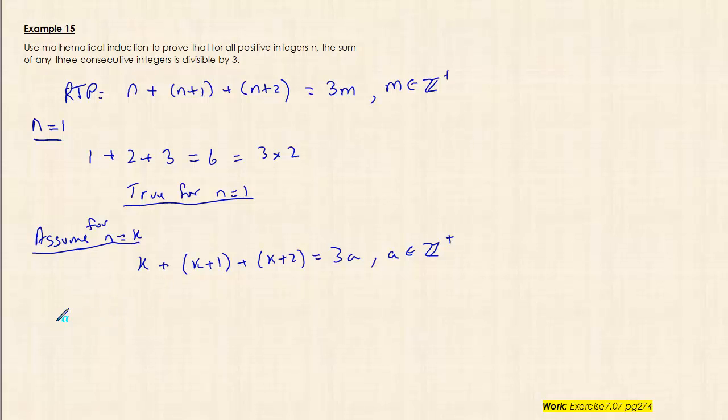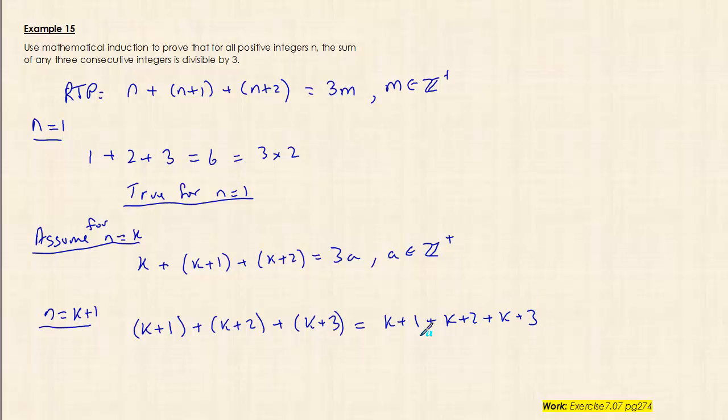Now let's look at the next case, which is n equals k plus 1. So we'd have k plus 1 plus k plus 2 plus k plus 3, which we could write as k plus k plus 1 plus k plus 2 plus 3.